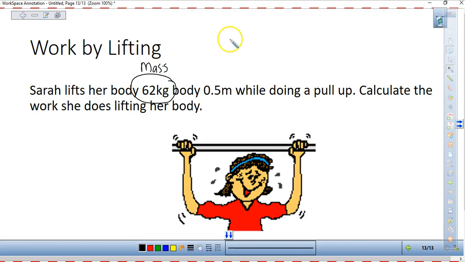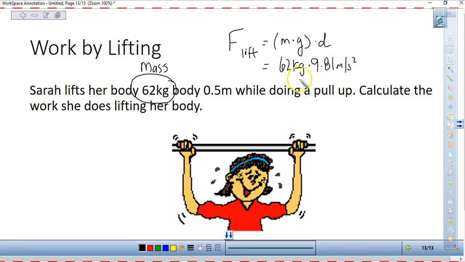So mass would be the force, which would be m times g, and then times d. So it would be 62 kilograms times 9.81. The force is up, the distance is also up, so 0.5 meters.